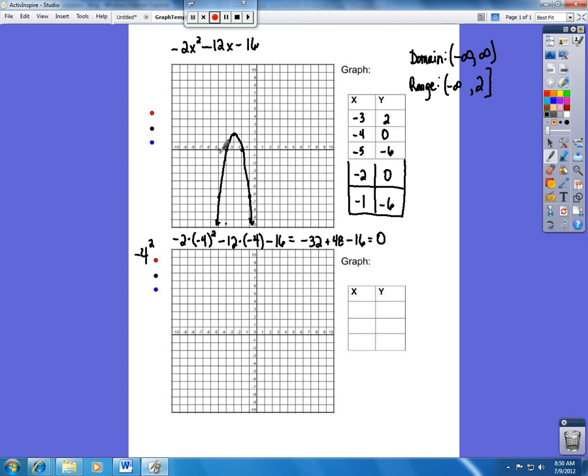Because we were starting at essentially -5 and working our way towards positive values of x. So as x is going up, I'm asking myself, is y going up or is y going down? Are my y values increasing or are they decreasing?